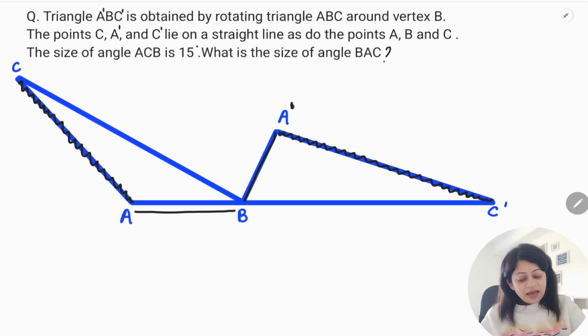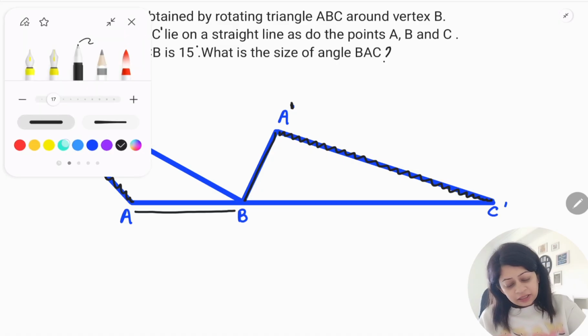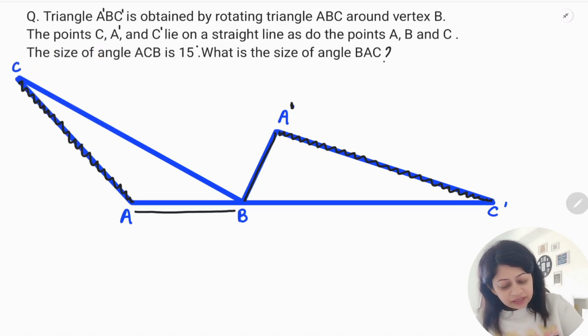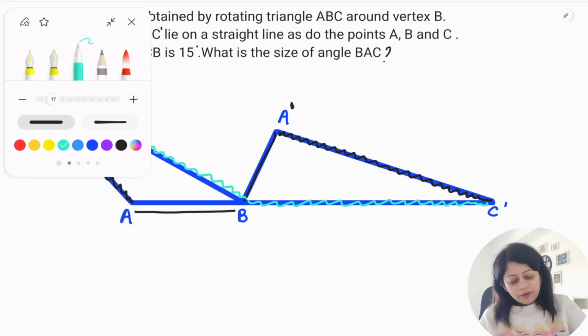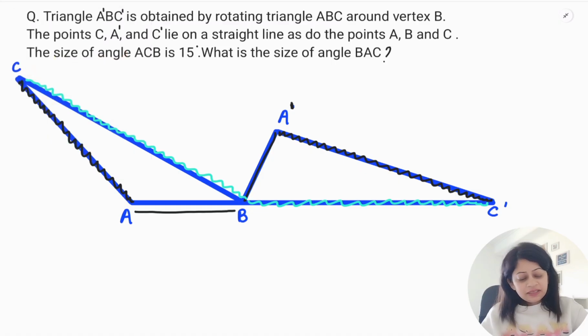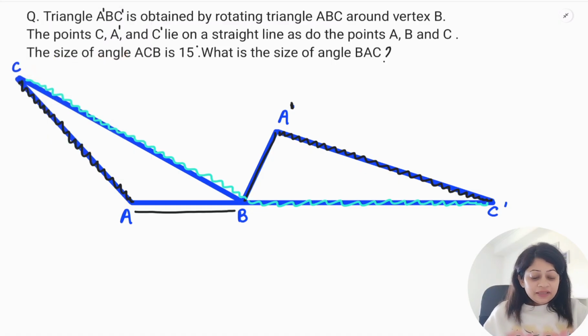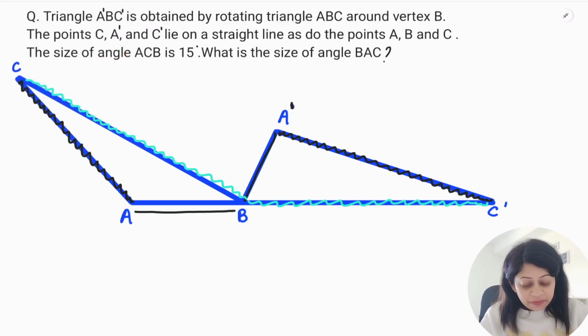Okay, and this BC, if you see this, this BC is the same as BC dash. So actually these are not different triangles, these are the same. Actually ABC is the same as A dash B C dash, right?